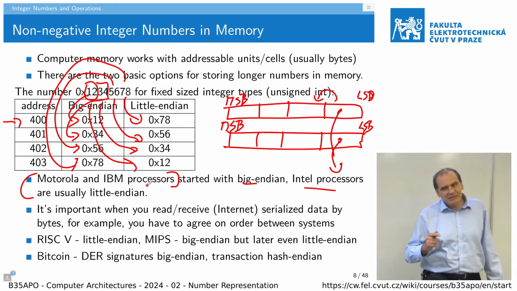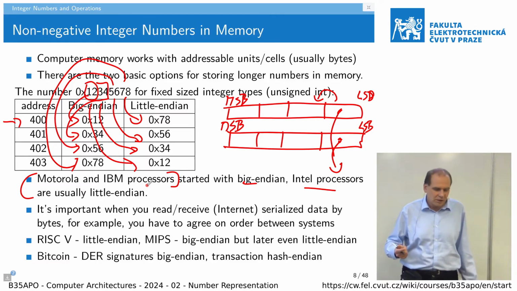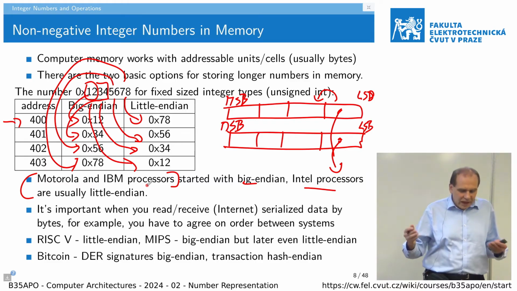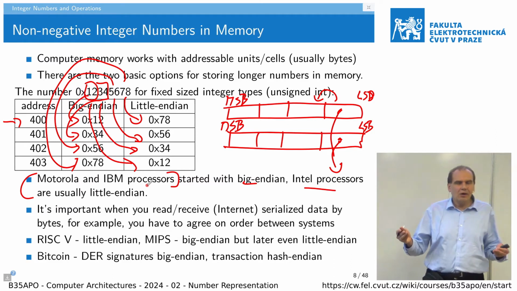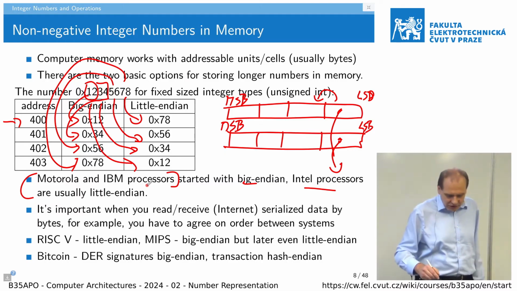On PCI and PCI Express, typically little endian is used. So you need to take care about this, and both sides have to agree on the endianness if they serialize data, or they need to send some flag before the data to say in which endianness they will exchange the data.